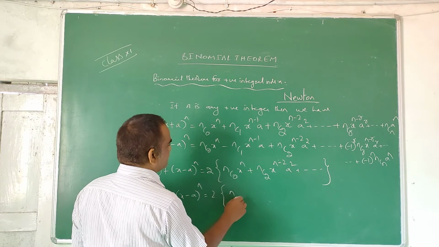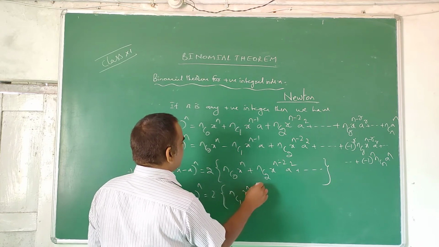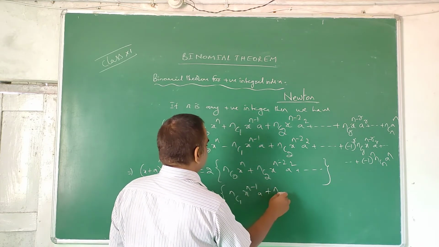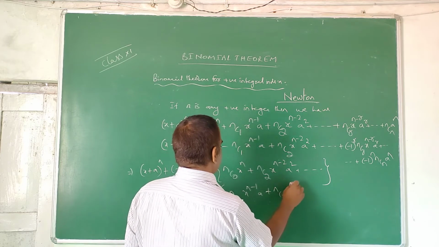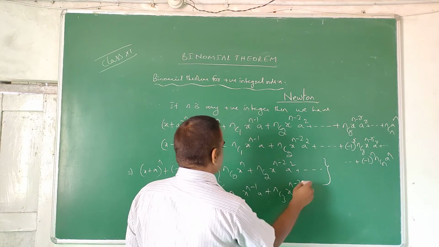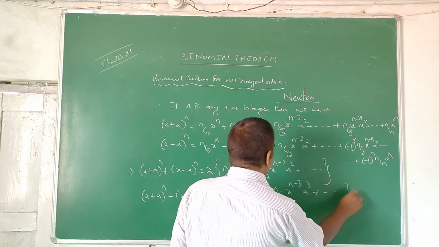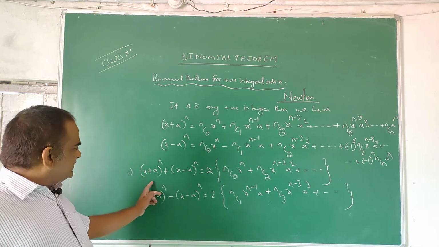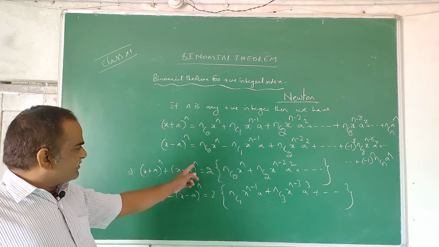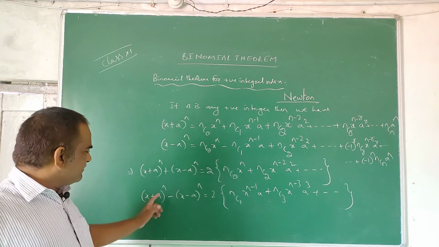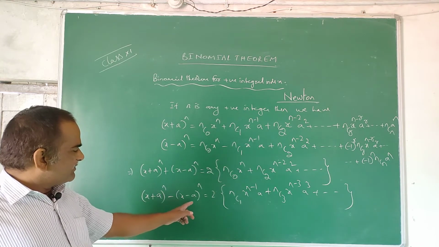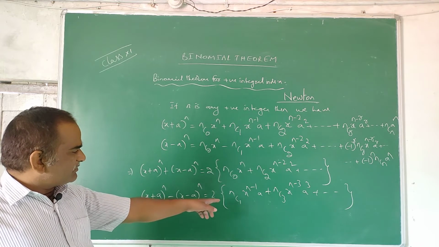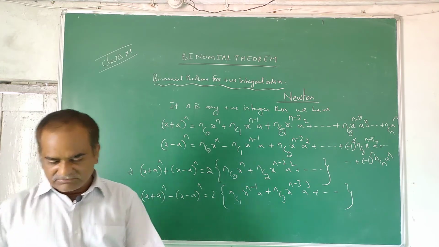So 2 into nC1 x power n minus 1 a plus nC3 x power n minus 3 a cube plus so on. So x plus a whole power n plus x minus a whole power n is this. x plus a whole power n minus x minus a whole power n is equal to this. Understood?